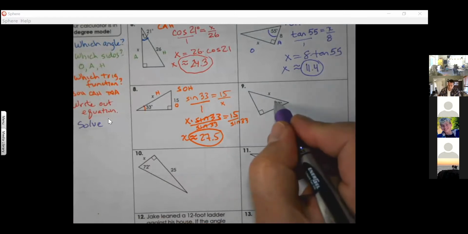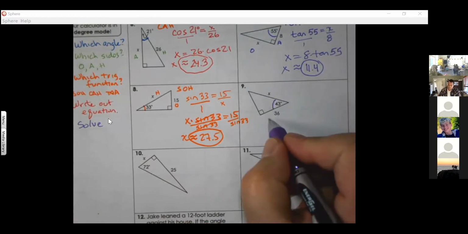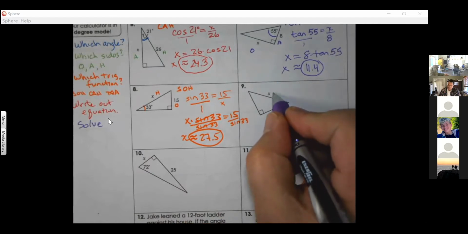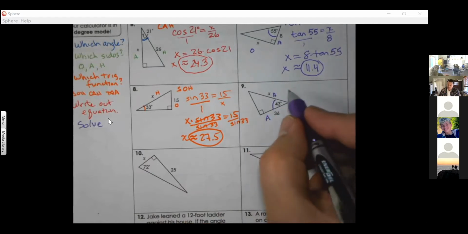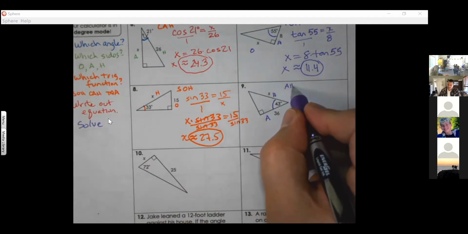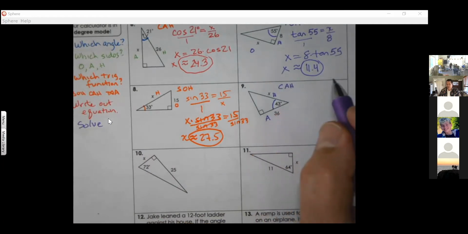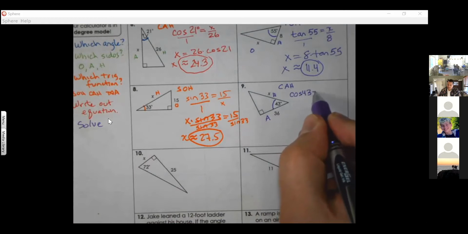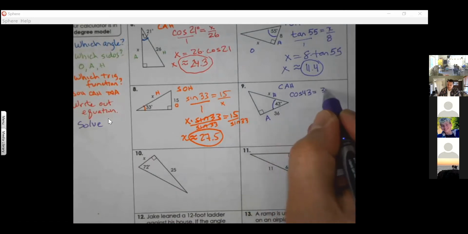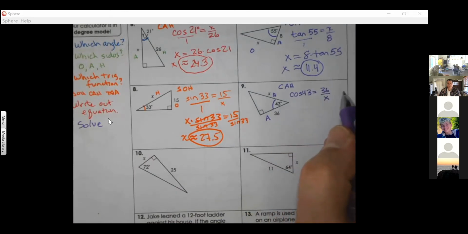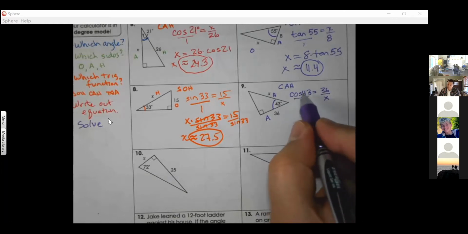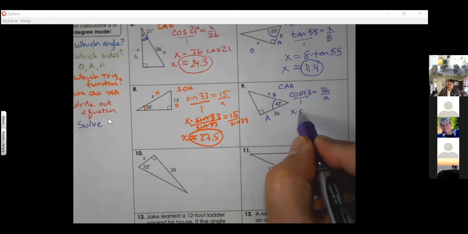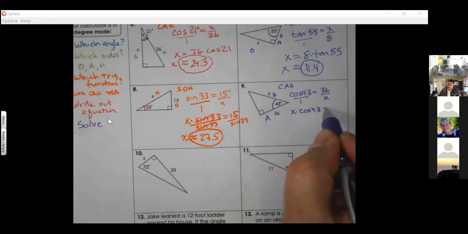Another one. This is the angle I'm looking at. This is adjacent. This is hypotenuse. Adjacent and hypotenuse is CAH. That means cosine of 43 equals 36 over x. Cross multiply, I get x times cosine 43 equals 36.